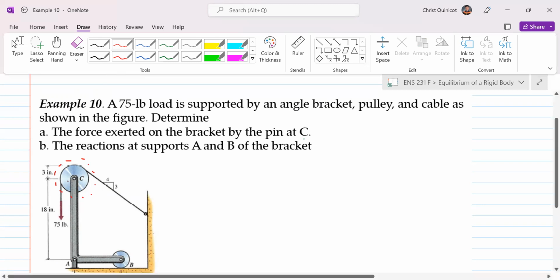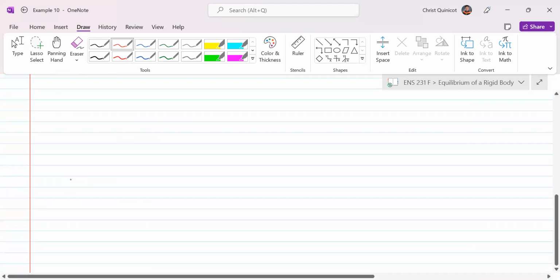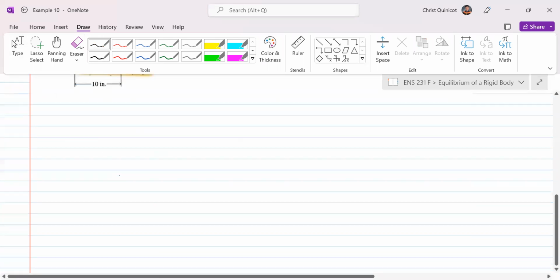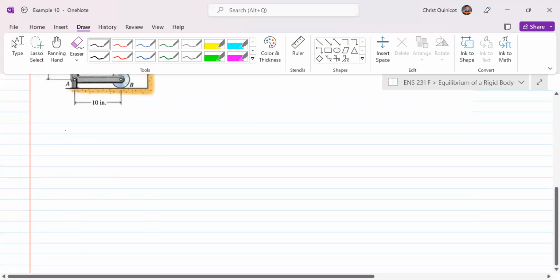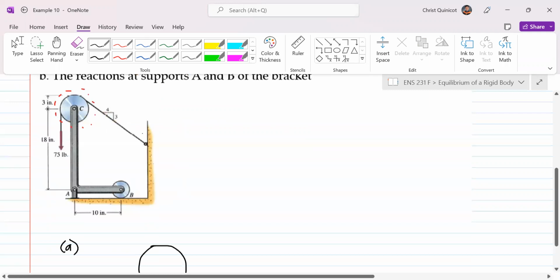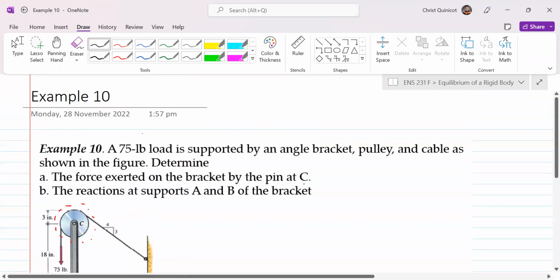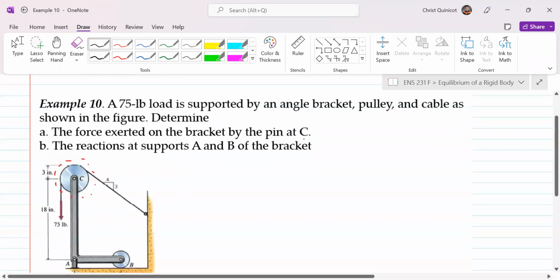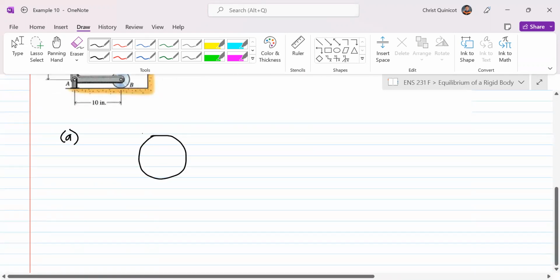Okay, so we draw the free body diagram first. Okay, this is our pulley. And then at the edge we have a 75-pound force going straight down, 75 pounds.